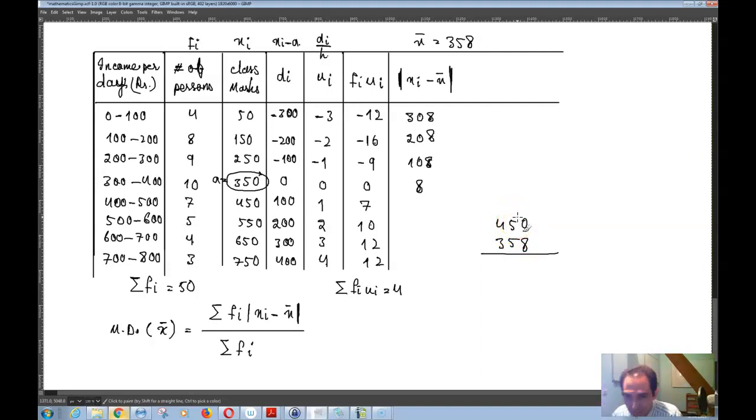Let's make this a 3, 15, 14, and 10. So that's a 2. 9 plus 5 is equal to 14. That's 92. And then you have 550 minus 358.